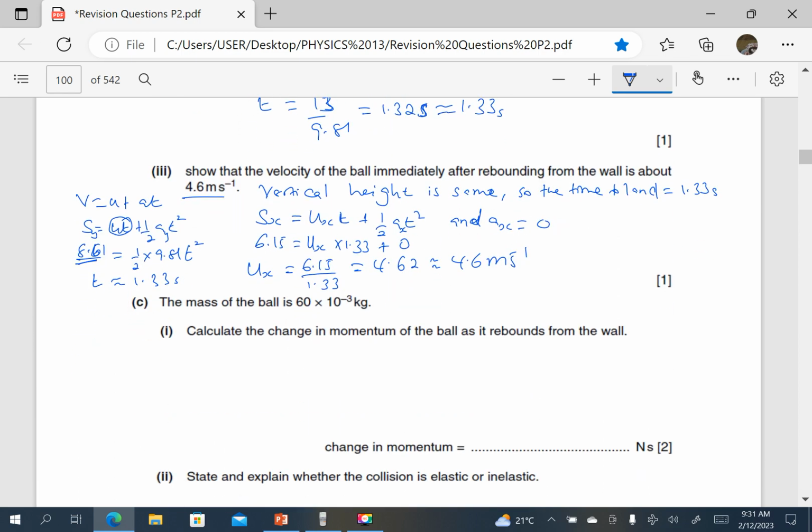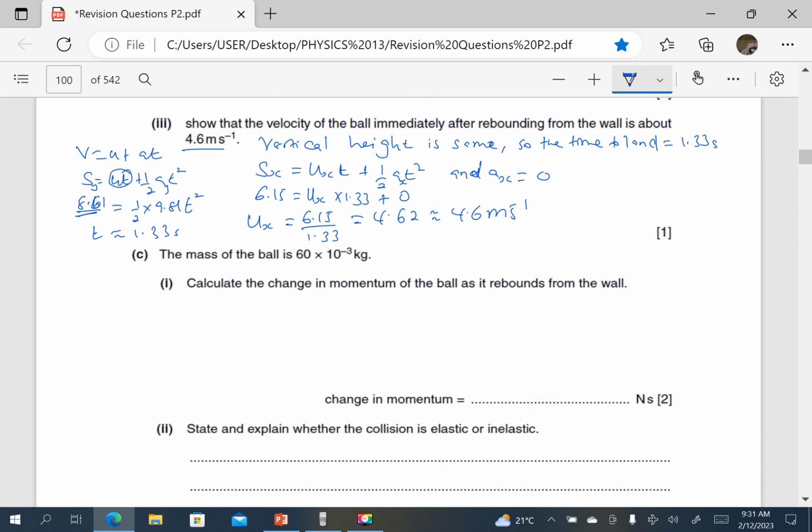Okay, I think that is fine. So the mass is given as 60 times 10 power negative 3. Calculate the change in momentum of the ball as it rebounds. Change in momentum is the mass times the change in velocity. As it goes to the wall, the initial velocity in the horizontal is 7.5, minus, as it rebounds, negative.